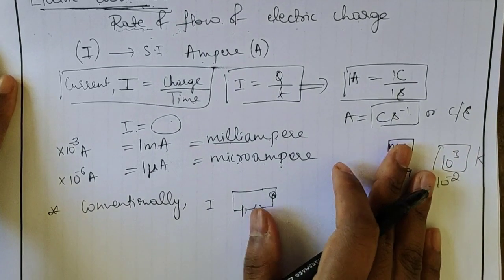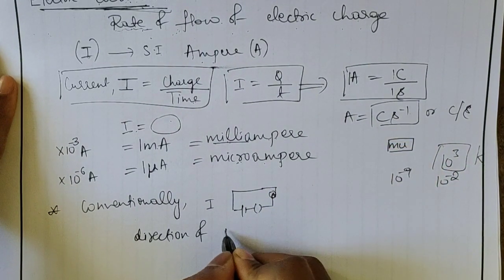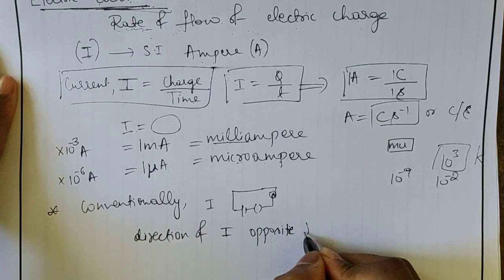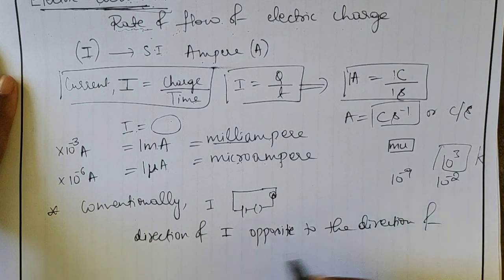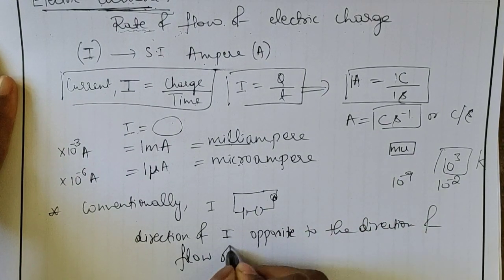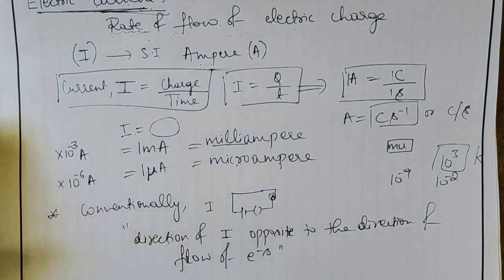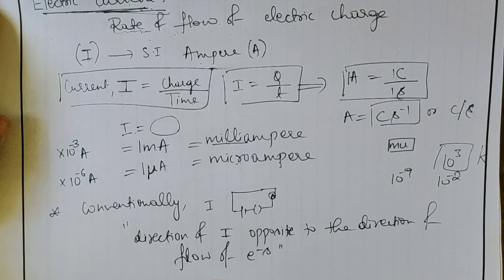So let me repeat the same statement. Direction of electric current will be opposite to the direction of flow of electrons. Important statement. Either you will get it in the form of an MCQ or a 1 mark question.